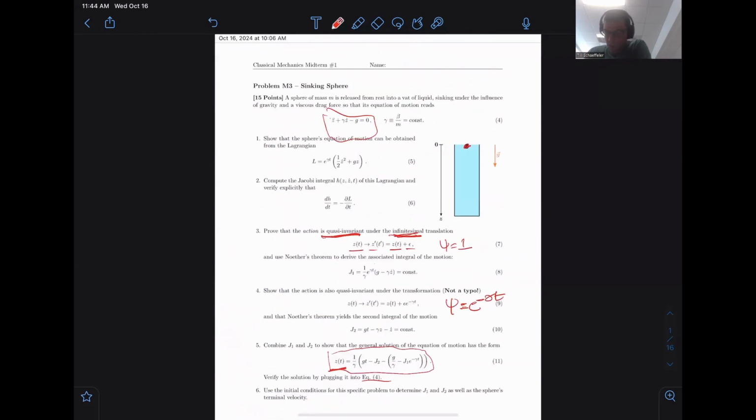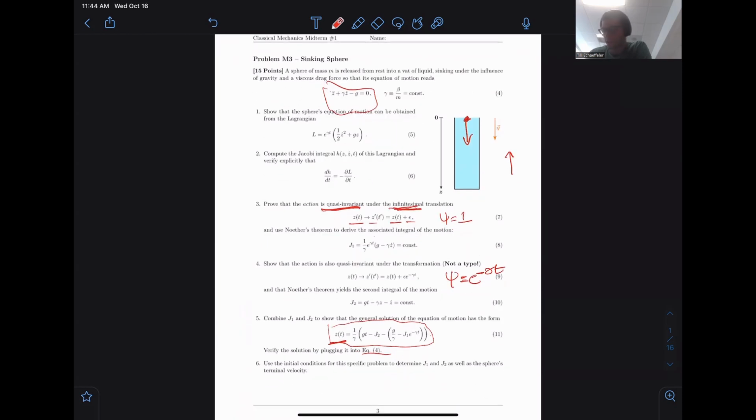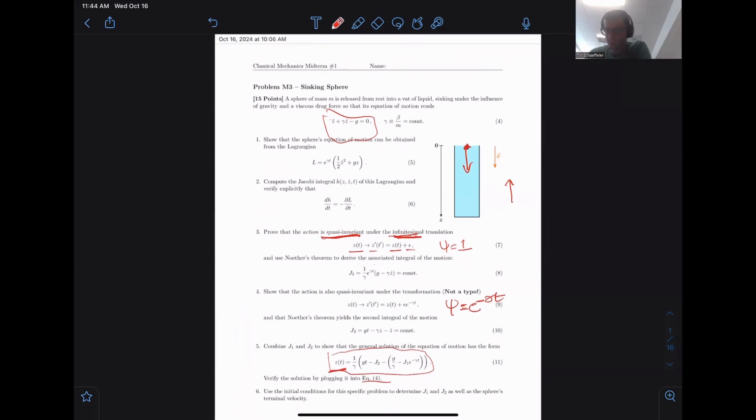So as it's sinking, it's initially at rest, then it's going to accelerate due to gravity, and then at some point the force of gravity and the friction, the drag force, are going to cancel exactly, so the net force on the sphere will be 0 and there'll be no acceleration. In other words, z double dot will be 0.